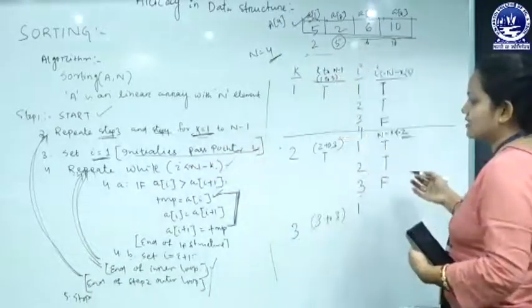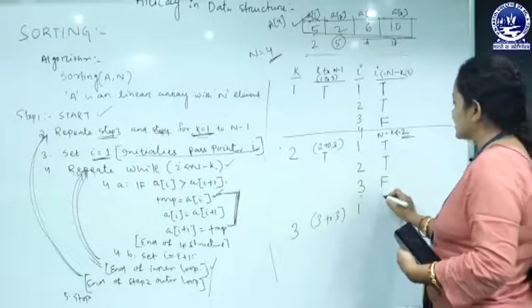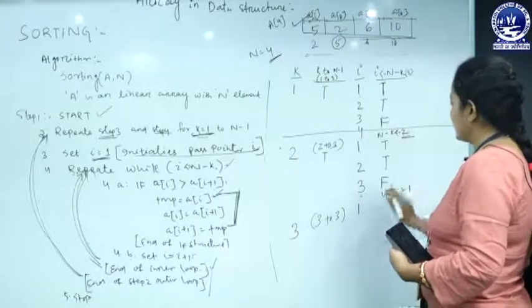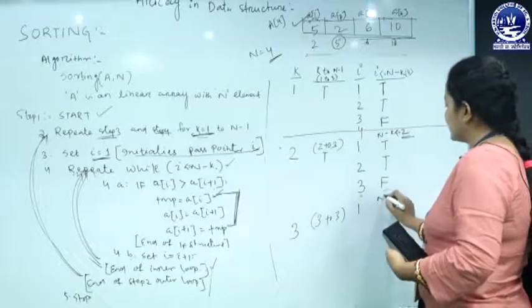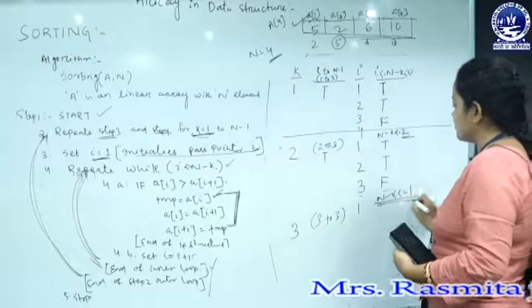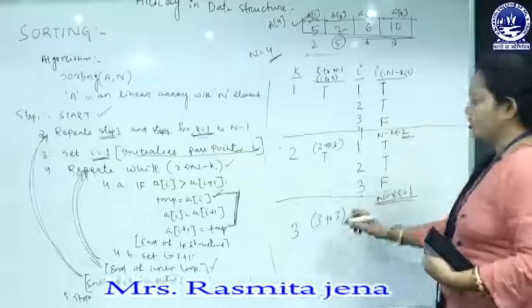So in this case, what is n minus k? N is 4 and k is 3, that means 1. This condition must be true for pass 3.